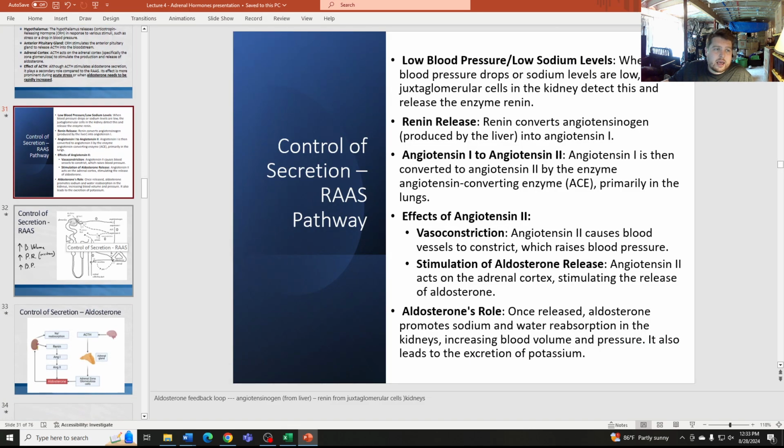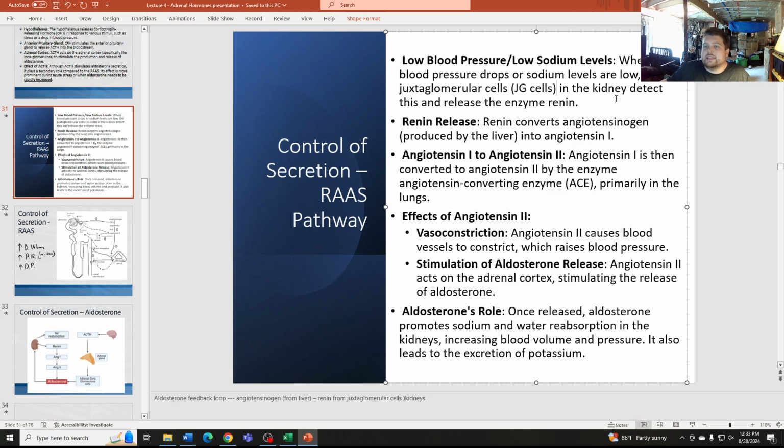The renin-angiotensin aldosterone system: when the blood pressure drops or sodium levels are low, we have these cells in the kidneys called juxtaglomerular cells, also called JG cells. They detect the low blood pressure or low sodium levels, and that causes them to release an enzyme, renin.